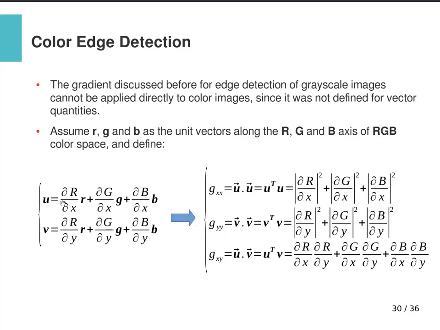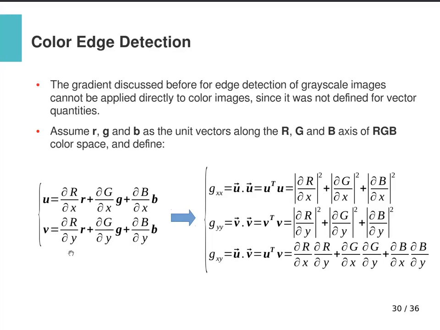So u equals the derivative of r with respect to x multiplied by the unit vector in the direction r, plus the derivative of g with respect to x multiplied by the unit vector in the direction g, plus the derivative of b with respect to x multiplied by the unit vector in the direction b. And you do the same for v as well.